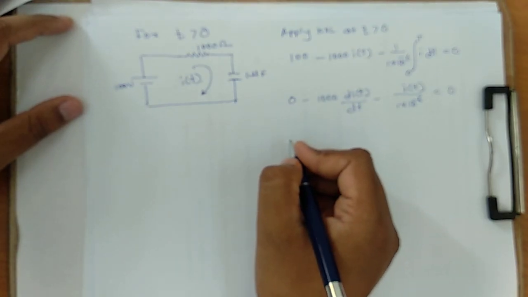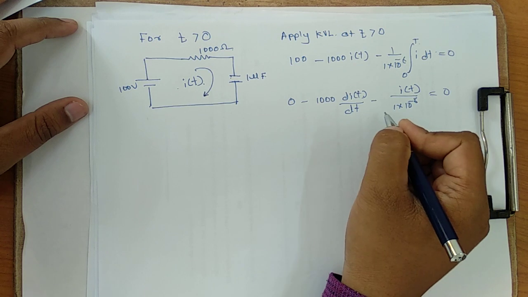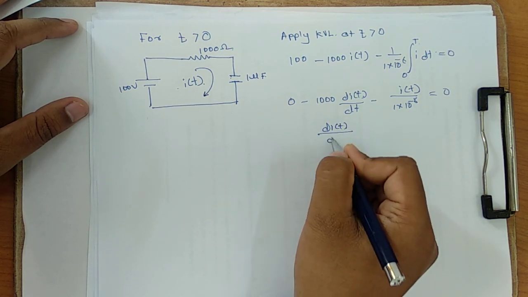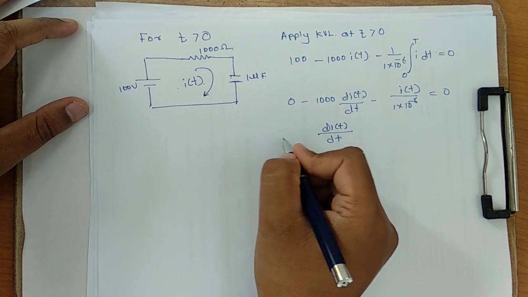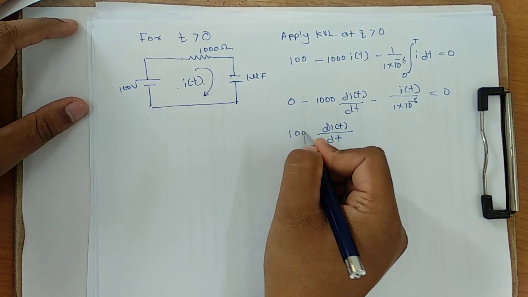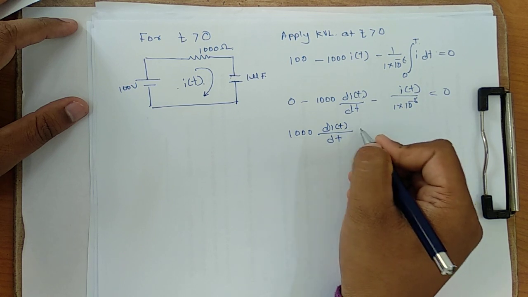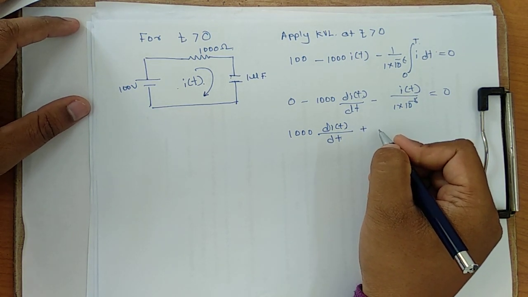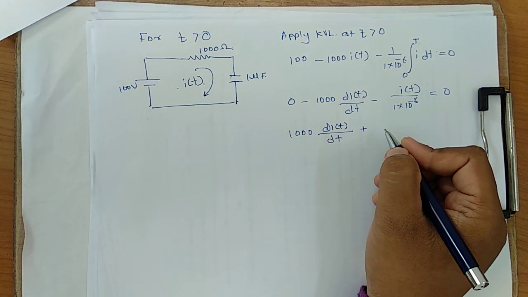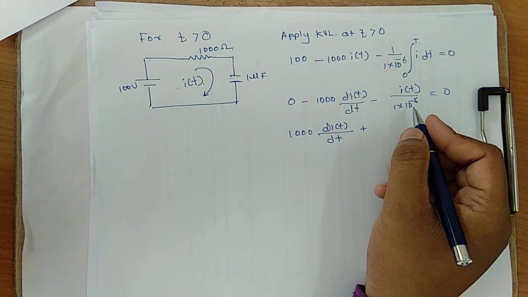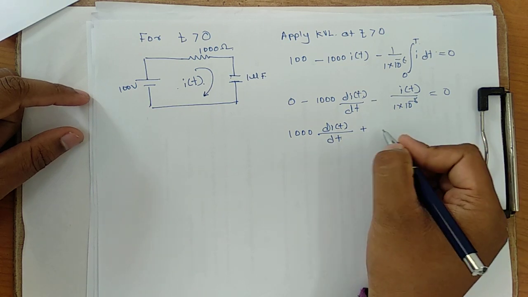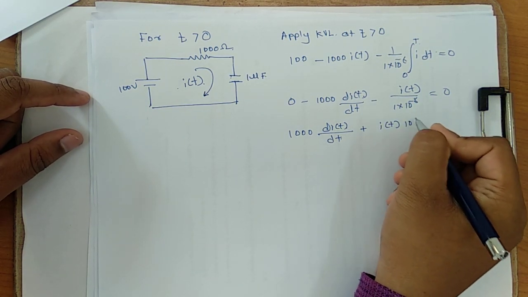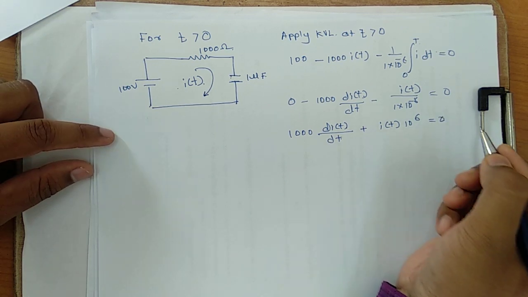So what will happen with this calculation? I will take the minus sign common from di of t divided by dt, that is 1000 plus, this 10 raised to minus 6 becomes 10 raised to plus 6, I of t into 10 raised to plus 6, is equal to 0.